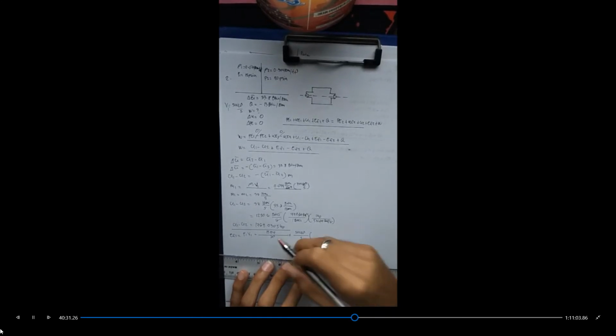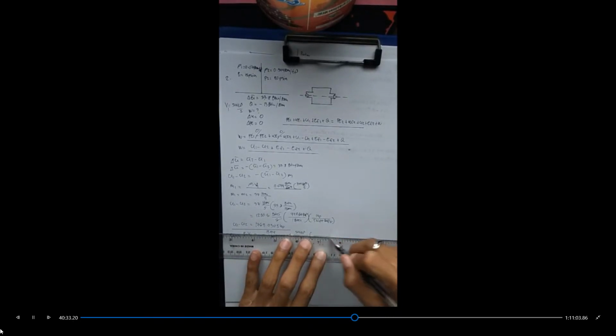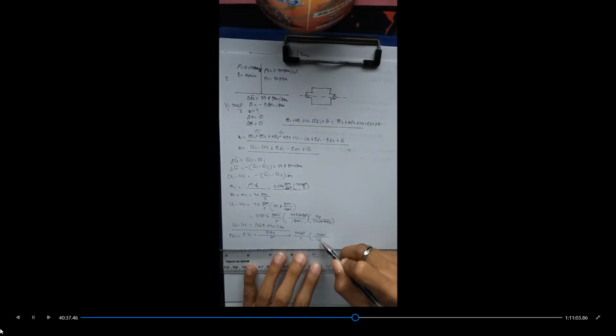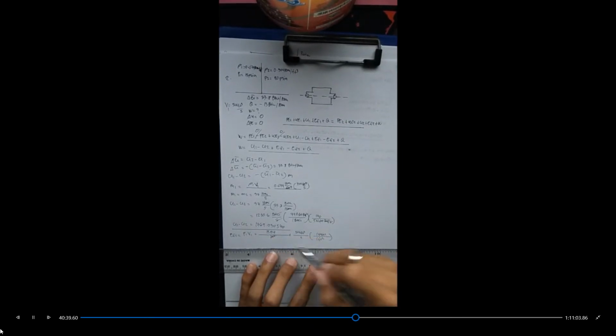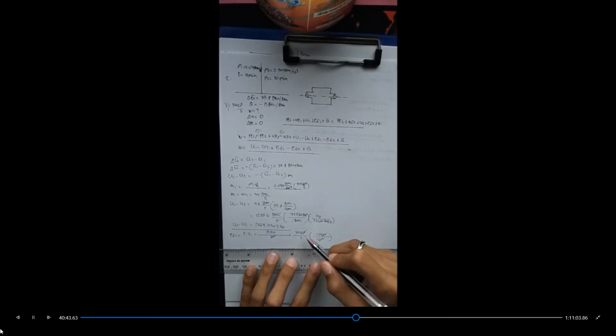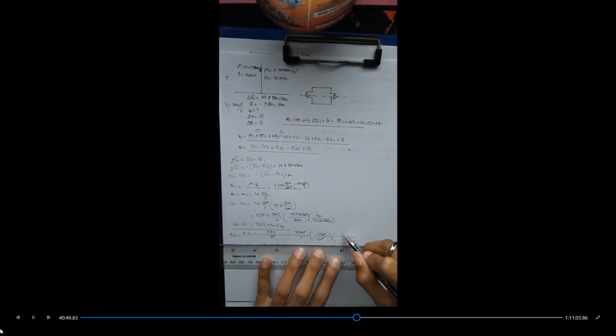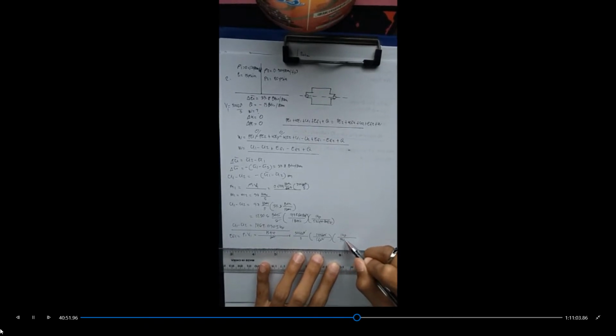Then converting inches squared to foot squared, 144 inches squared over 1 foot squared. Feet squared cancels, so we'll be left with foot-pound force per second. Converting that to horsepower, 1 horsepower is 550 foot-pound force per second.